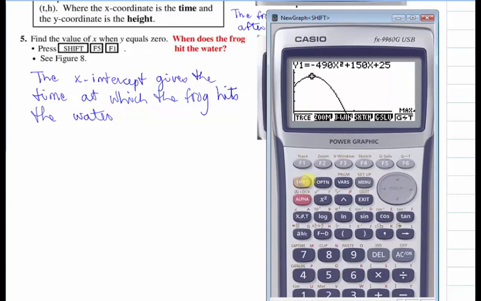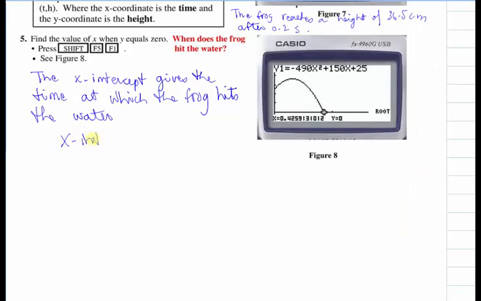You want to go Shift F5 for G-solve. We want root this time. Remember, your x-intercepts are your roots, so F1. And you can see that our x-intercept is at 0.4 and 0. Okay, remember this is t and h.